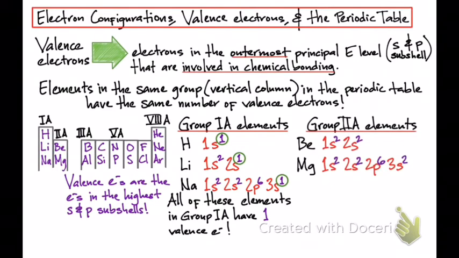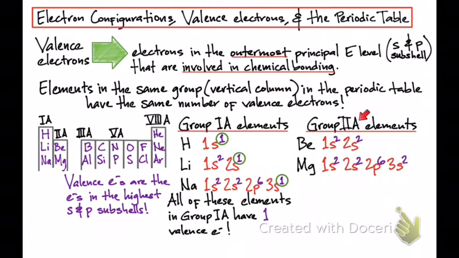And we can look at this example here to prove that concept. If you have beryllium, for example, and magnesium, they're both in group 2. They should have a total of 2 valence electrons. When you look at the highest s and p sublevels, the 2p is empty for beryllium, and the highest sublevel is the 2s, and you have 2 electrons in the 2s.